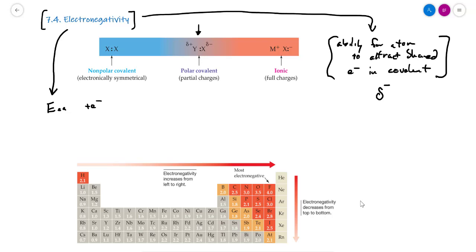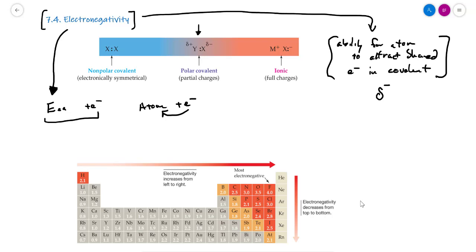Electronegativity doesn't quite go as far as adding a full electron, because that would be making the ionic bond, but it's the propensity for that atom to want to draw that electron into itself. More electronegative atoms are those that would really benefit from having an electron added to them.